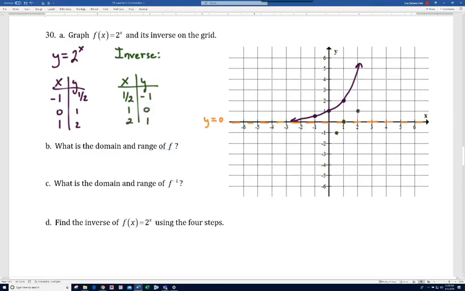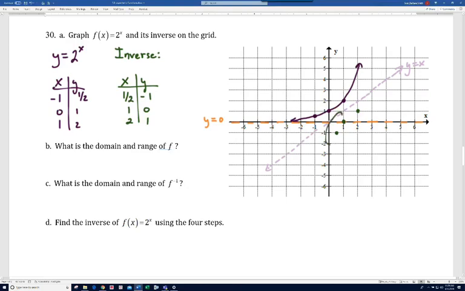Now remember, when we graph an inverse, we talked about how the inverse will be a reflection through the line y equals x. So it's kind of helpful to put that in here. So that's the line y equals x. And we know we're going to have symmetry with respect to that line.